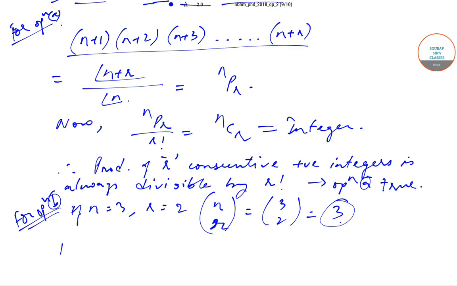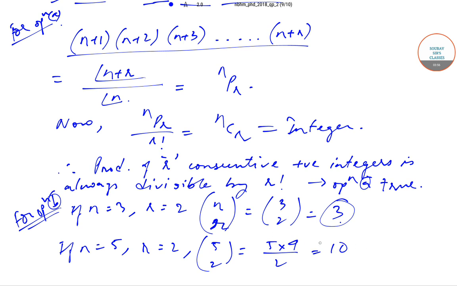Now let us take another example. If we take n equal to 5 and r equal to 2, we have to find 5C2. 5C2 is equal to (5 into 4) by 2, which is 10. And 5 divides 10, we know for sure. So n divides nCr if n is prime and r lies between 0 and n.